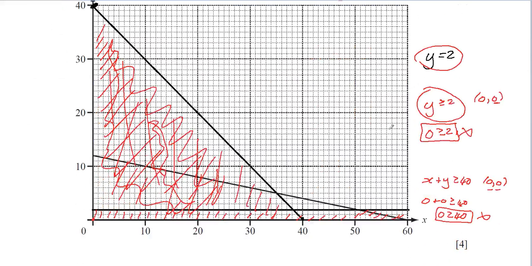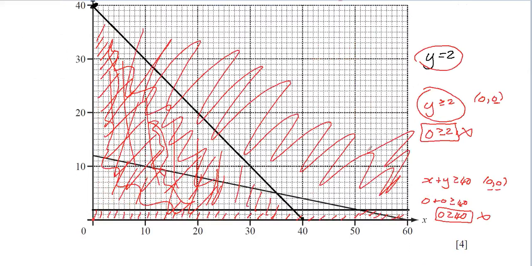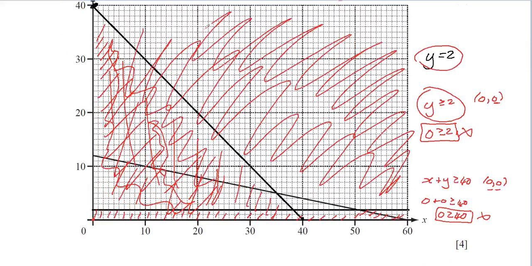This is true. So everything below this line is wanted. So we're going to shade everything above it. So our region R is this region.